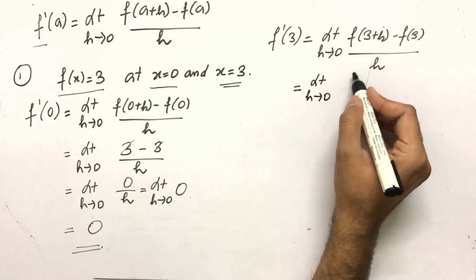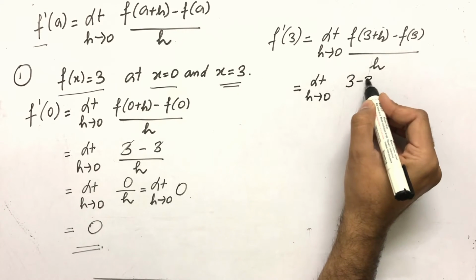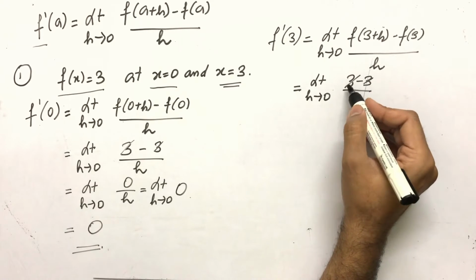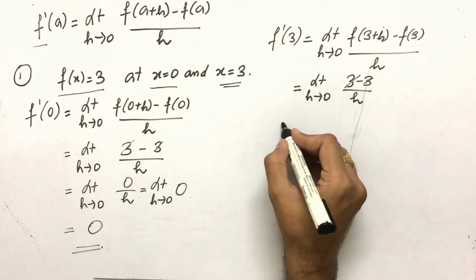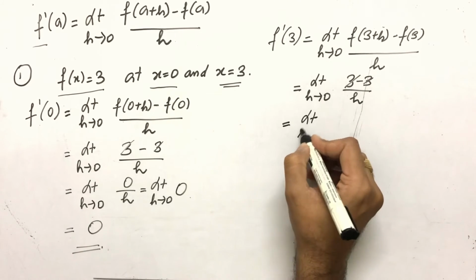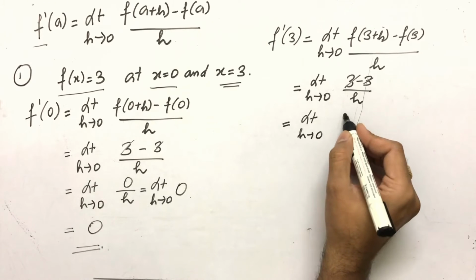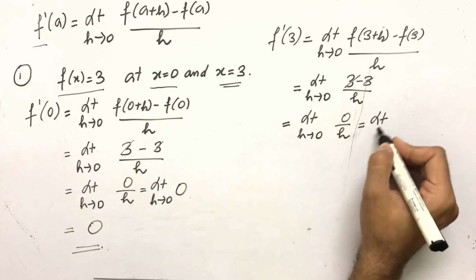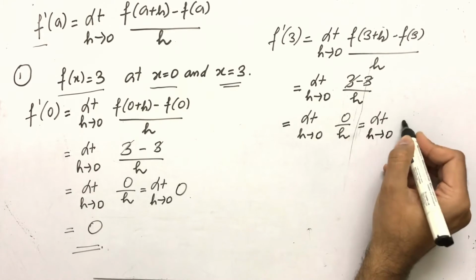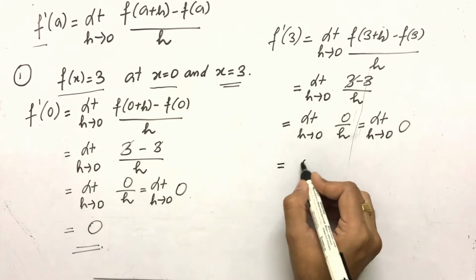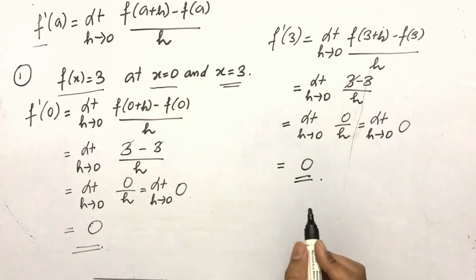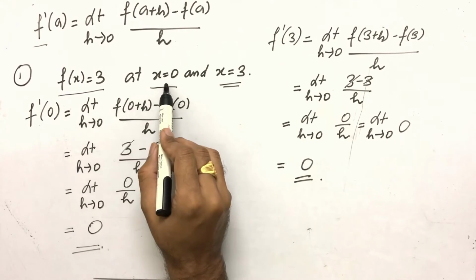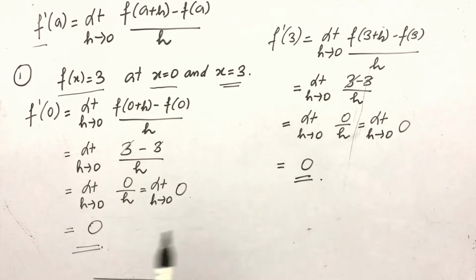So let us put it again here, 3 minus 3 upon h, which again becomes 0. So we are left with limit h tends to 0 of 0 upon h, which further equals limit h tends to 0 of 0. Again the answer is 0. So the derivative of this constant function at any value of x is 0.